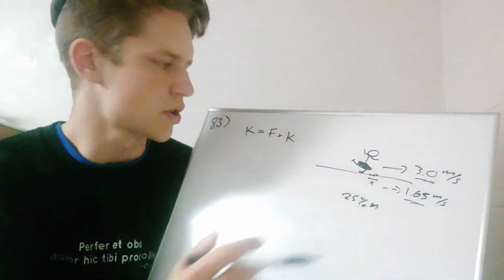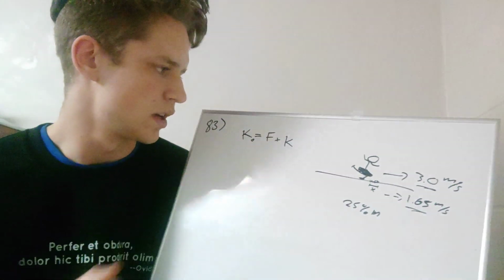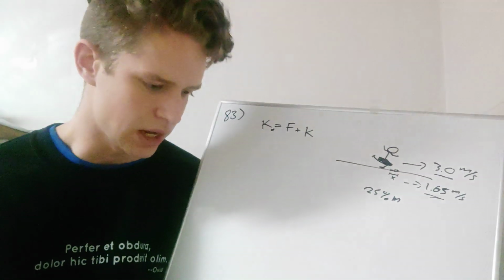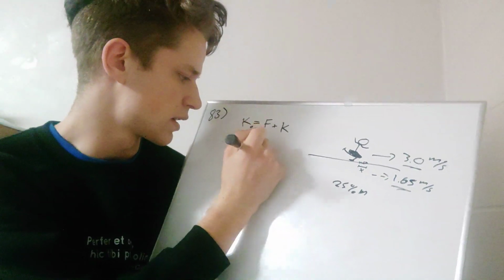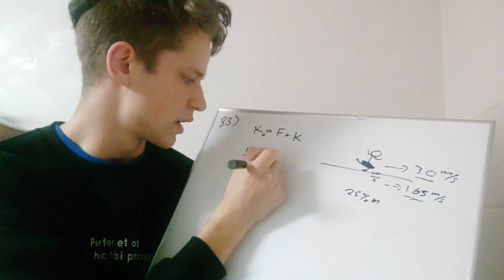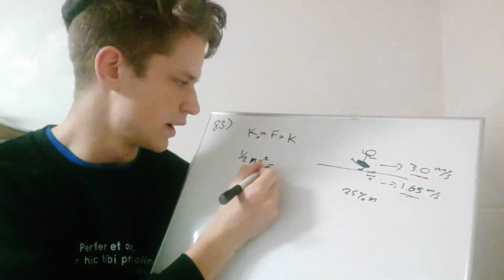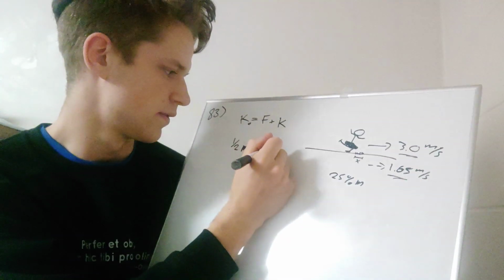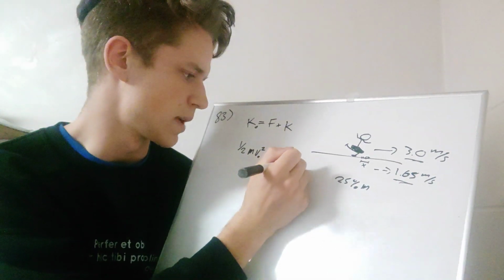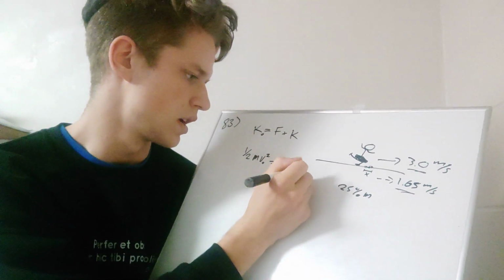So you have the initial and final kinetic energy, so that's K naught and K. K naught is equal to 1/2 times the mass times velocity squared, and we're going to put initial there, and that is equal to 1/2 times her mass times her velocity squared.